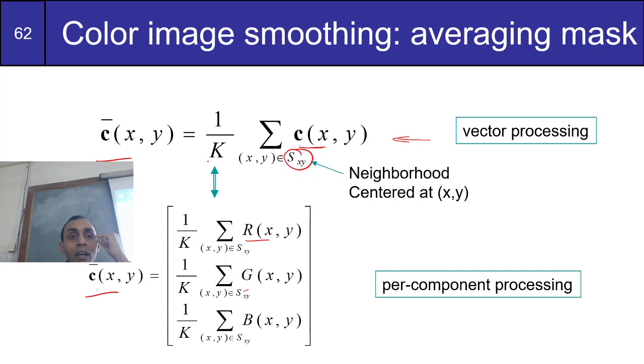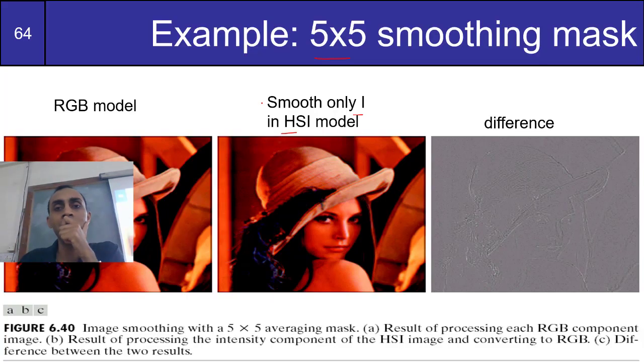So your resultant color may be slightly different from the original color. Whereas in HSI, because the color information is decoupled, if you are doing an averaging only on the intensity value, the color will remain unchanged. The hue and the saturation values will remain unchanged.